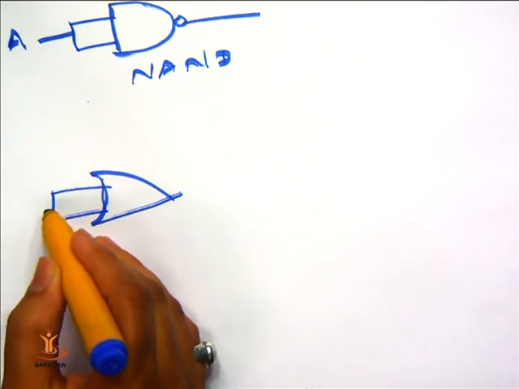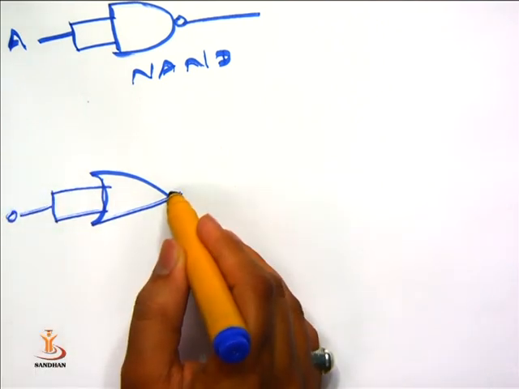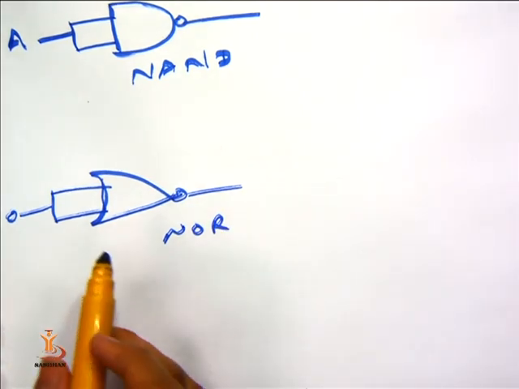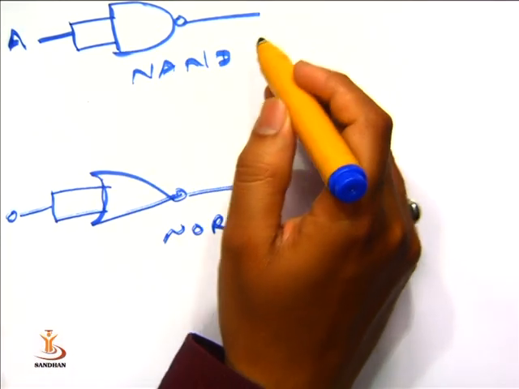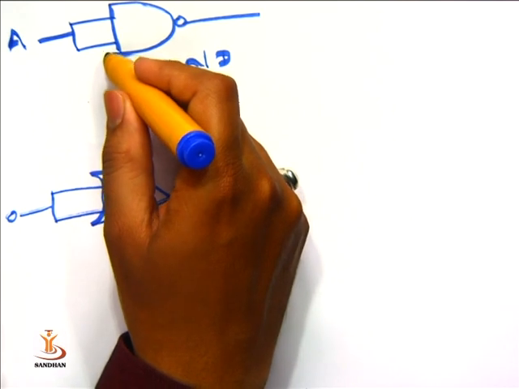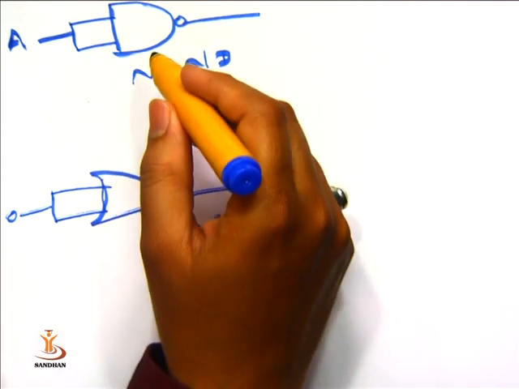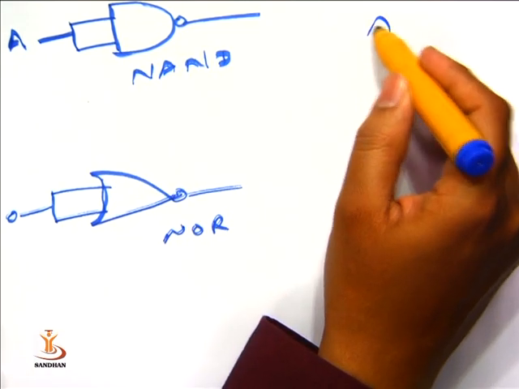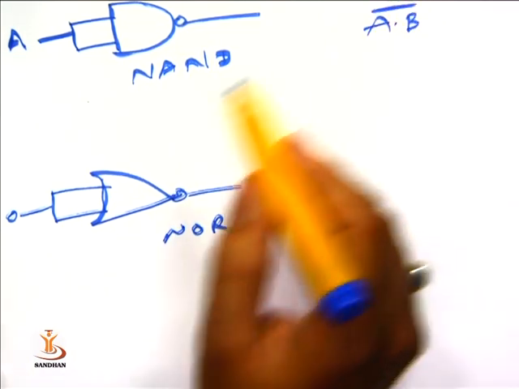If we give A and B as input, output will be A dot B bar.